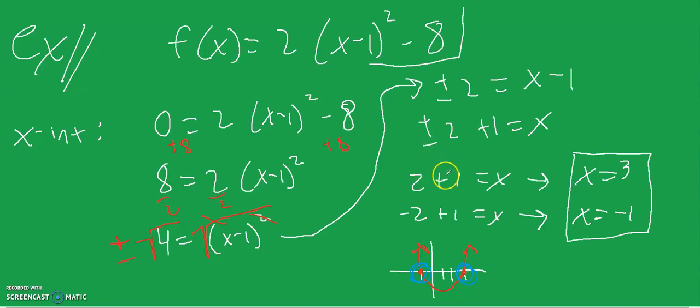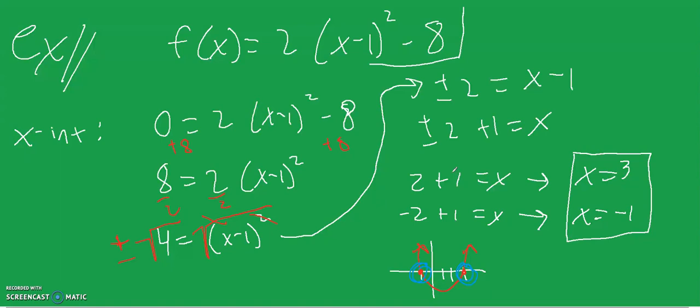Just a few examples. There's a ton of ways you can do this, especially for the first example. You didn't have to factor it. You could have used the quadratic formula in order to find those roots. It just depends on what you're comfortable with. I noticed that I could factor it super easy. If you can't do that, the quadratic formula will always work.